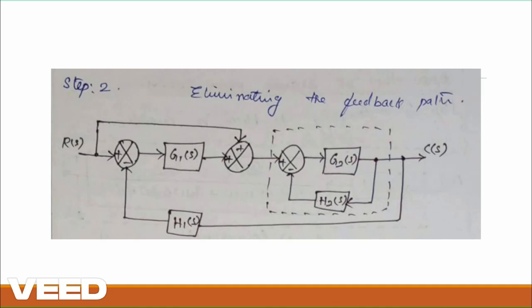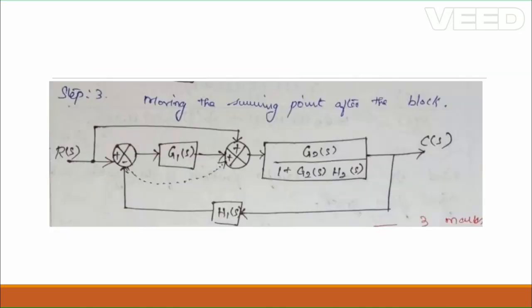After splitting the summing point, we are supposed to convert the closed loop path formed by G2 and H2; this G2 H2 is the closed loop path. So we can simplify it as G(s) by 1 plus G(s) into H(s).